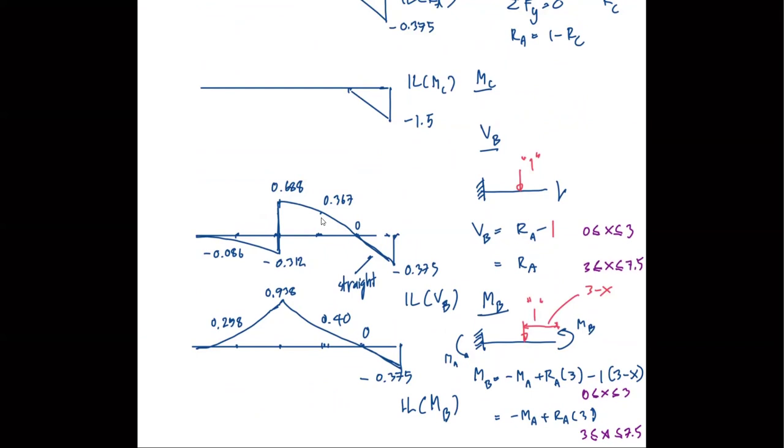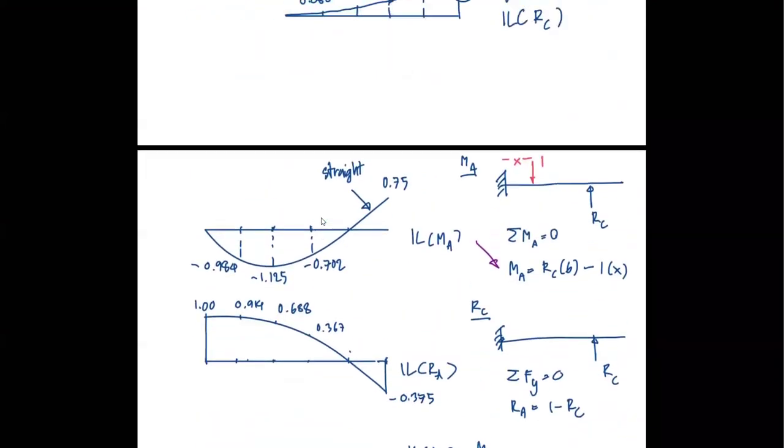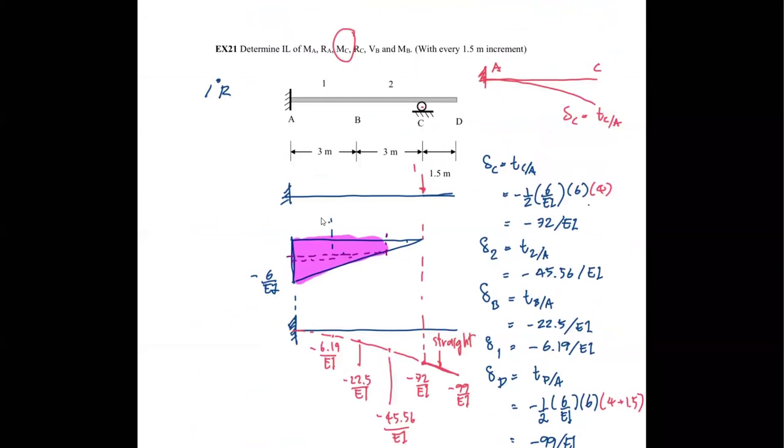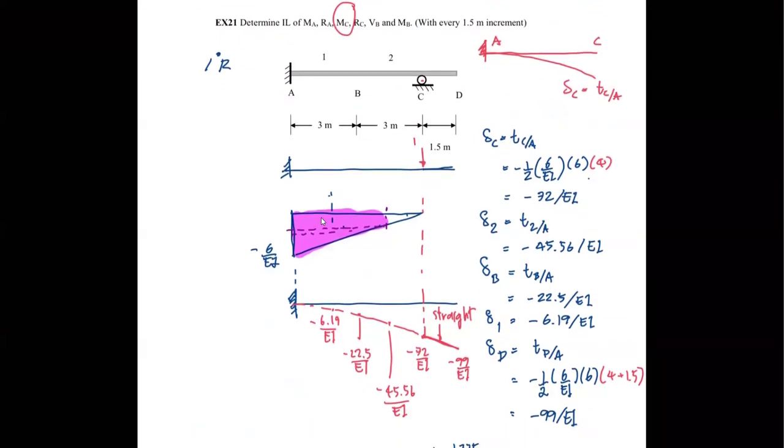So first and foremost, the most important thing is you need to be able to figure out, because generally I am not asking you to calculate displacements. So displacements will be given in some form, either the numbers like you see here, or the formula to create them.